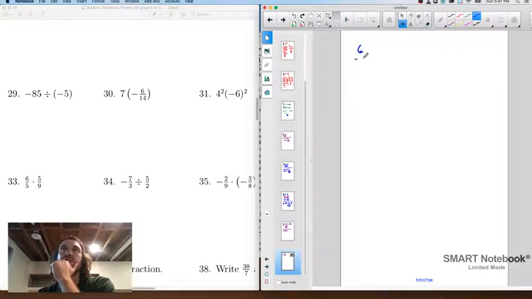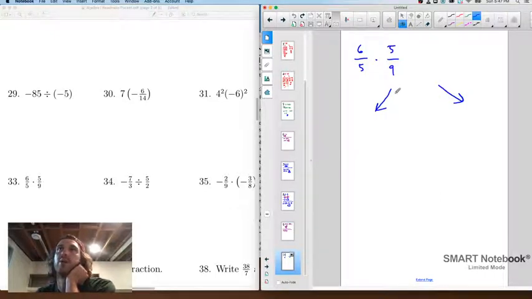So 33 is 6 over 5 times 5 over 9. Okay, so the common way I see people simplifying fractions, I'm going to show you the way I see a lot of people do it, and then I'm going to show you the way that I think about it. So I guess we'll do it kind of two ways here for simplifying fractions.